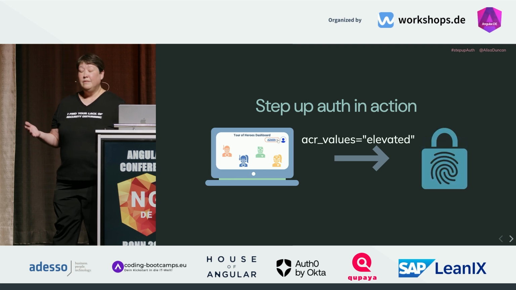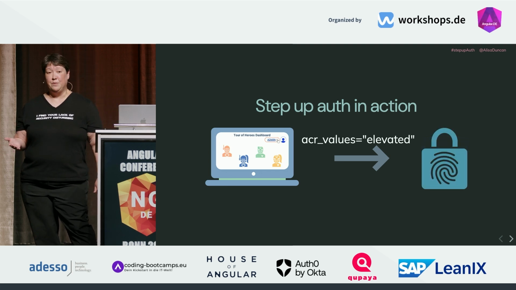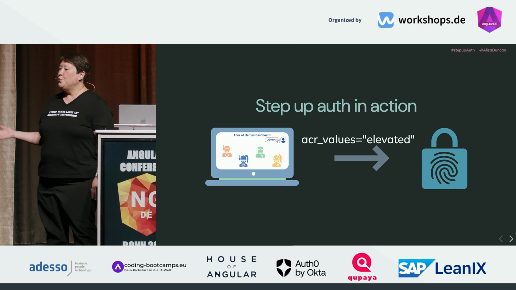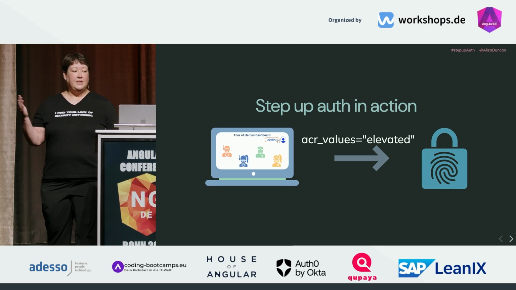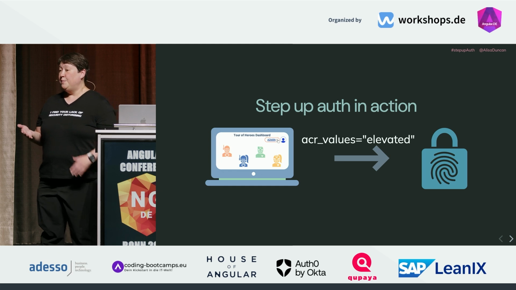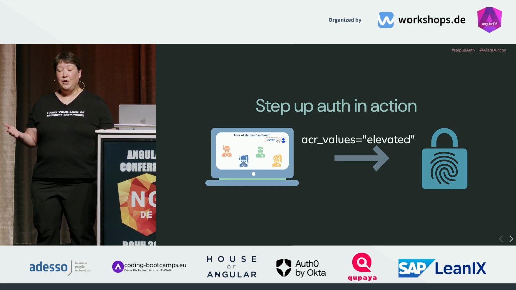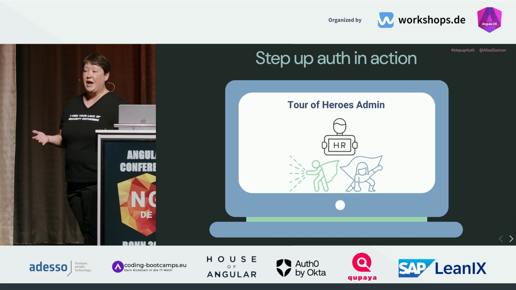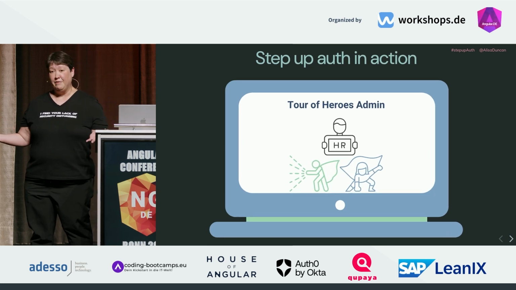And so now the user must authenticate using biometrics, as an example. The identity provider will issue new access and ID tokens that your client will then verify to make sure that the ACR value meets what is required for this resource, such as accessing that admin route, and so they can now continue navigation.